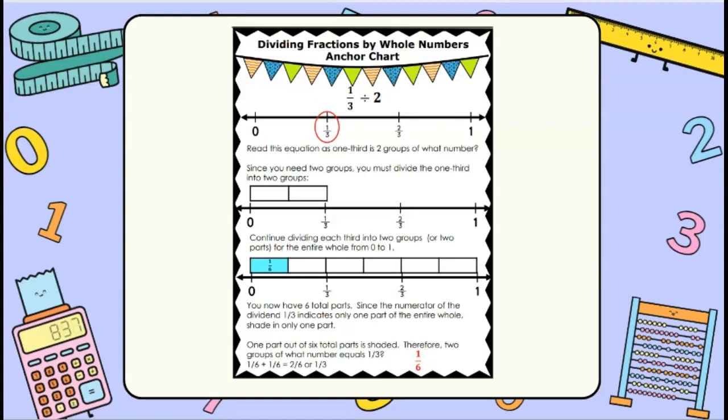Then I find the fraction that I need. I'm going to split that by my whole number. I will continue to divide the rest of the number line into sections. And then I will shade one part of that number line. That will give me the quotient of my unit fraction divided by my whole number.